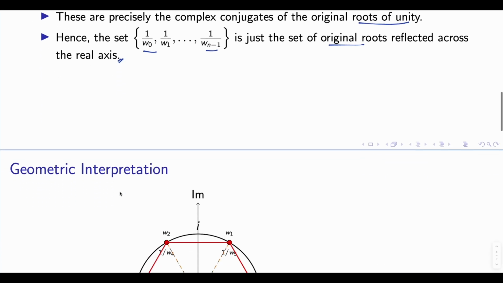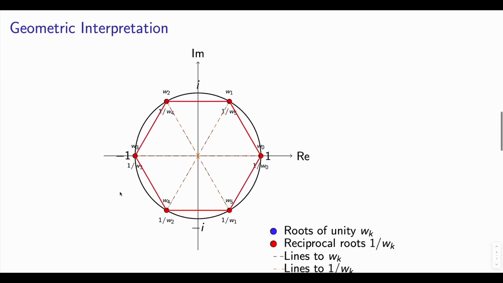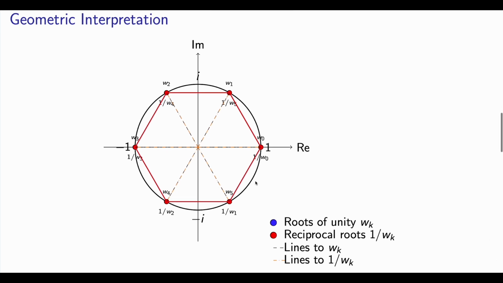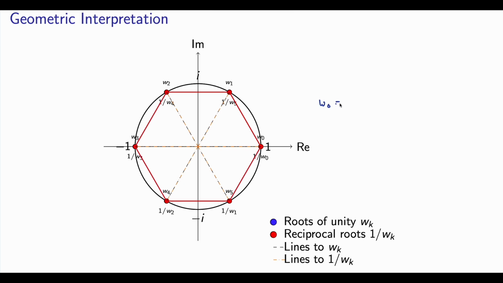So how can we see them geometrically? Geometrical interpretation: the original root W0 and 1 upon W0, because you know W0 is 1, so 1 by W0 is going to be 1. So they are on the same place, blue and red. Now W1 is in the upper half of your real line.